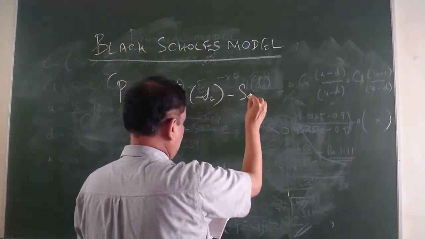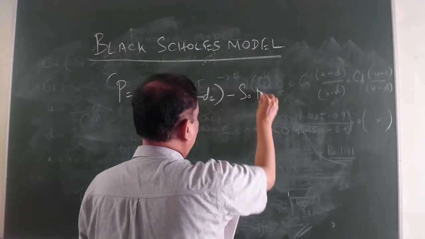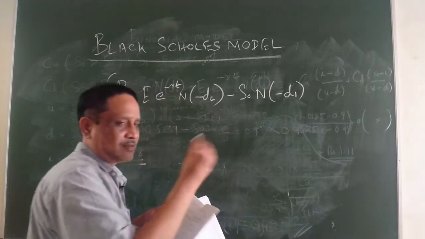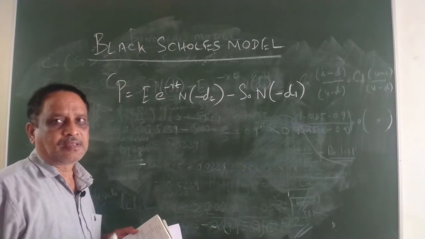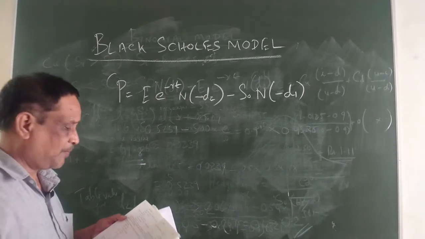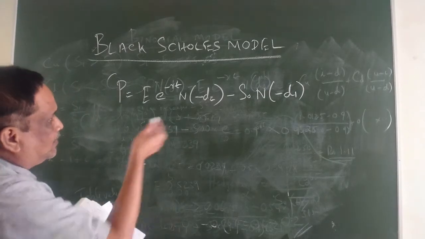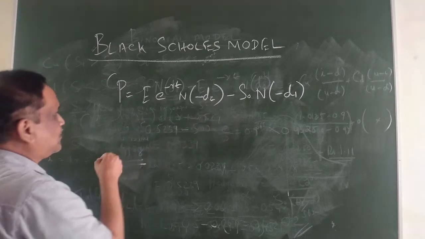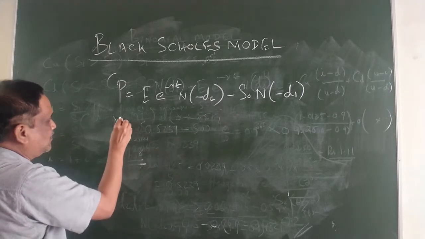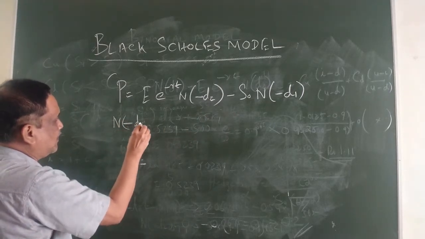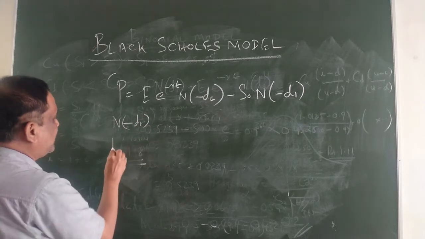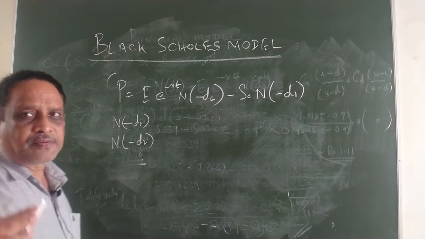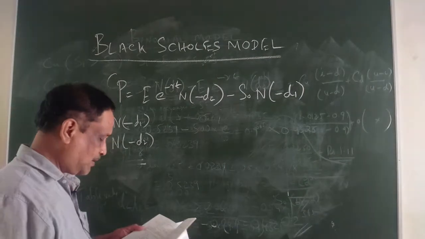It is almost the reverse of the call option formula. And we need to find N of minus D1 and N of minus D2.